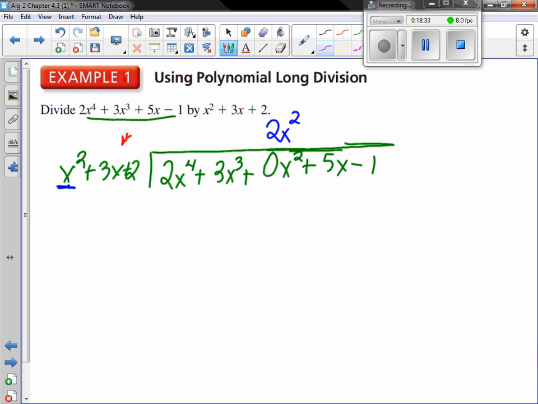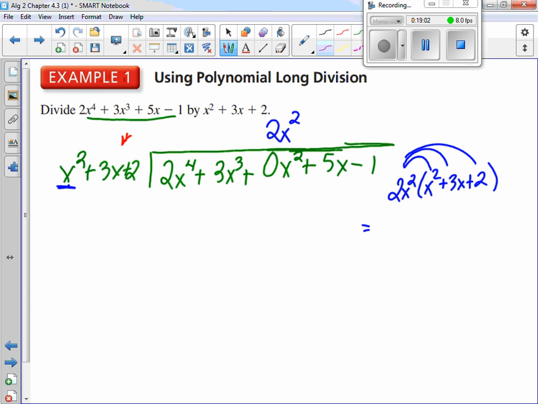It is 2, I need the 2, because 2 times 1 would give me 2, yes? So I have 2x squared. Well, how many more x's do I need? 2. I need x squared, because x squared times x squared would give me x to the 4th. So we have to do 2x squared times x squared plus 3x plus 2. We have to multiply this out.